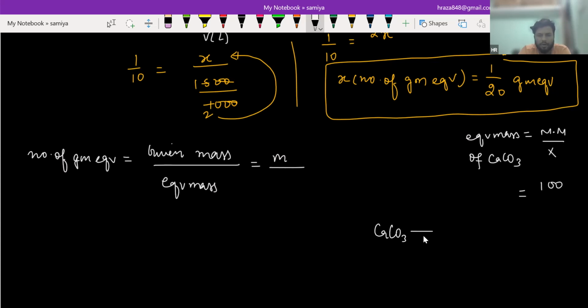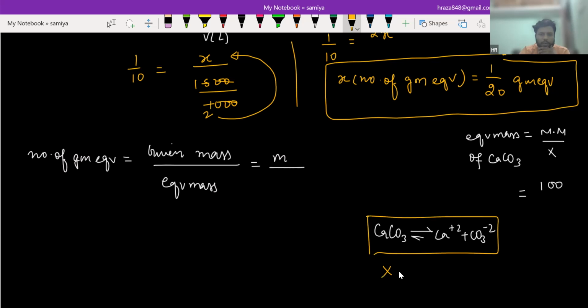CaCO3, whenever you dissociate it, will give Ca plus 2 and CO3 minus 2. I told you that whenever this type of compound comes, for x you have to take either the positive charge or the negative charge, because both charges are equal, here plus 2 or minus 2. So you take it without sign, x is equal to 2. So equivalent mass has a value which is 50.